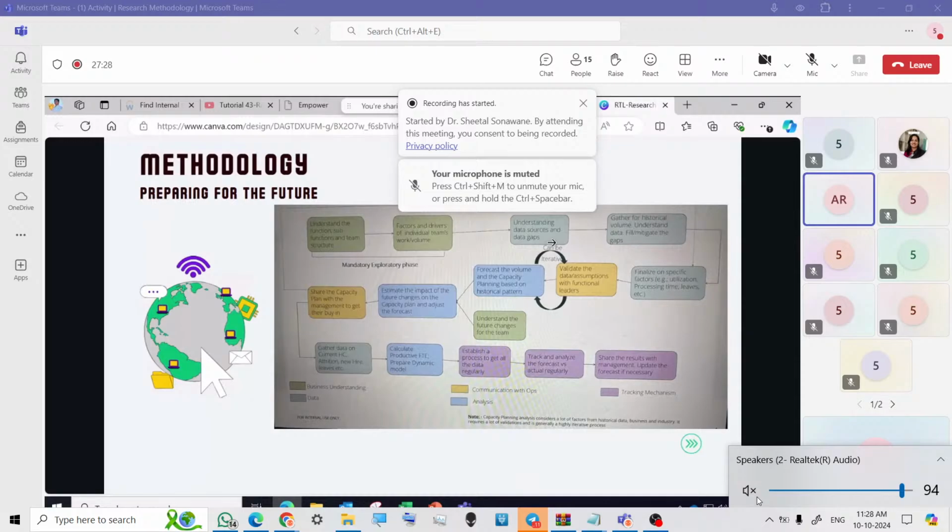Suppose that we are understanding the data source and gathering that data from the particular area or database or particular point of contact. Suppose that we are getting the utilization factor, like processing time for that particular transaction, leaves like that.